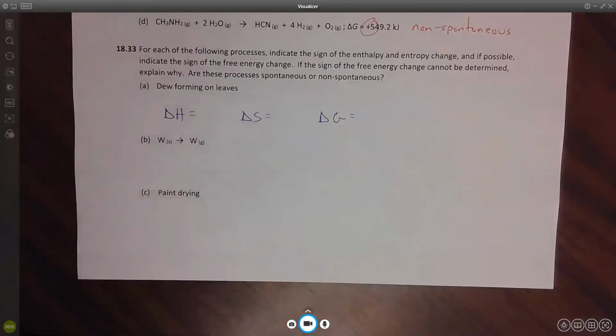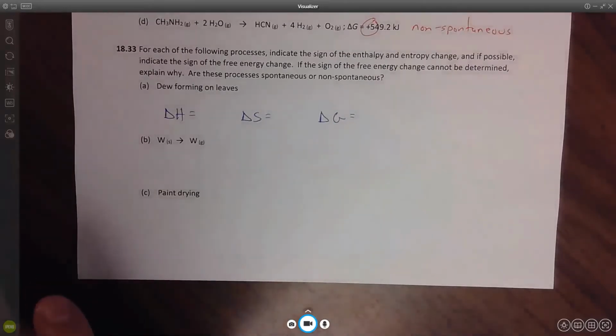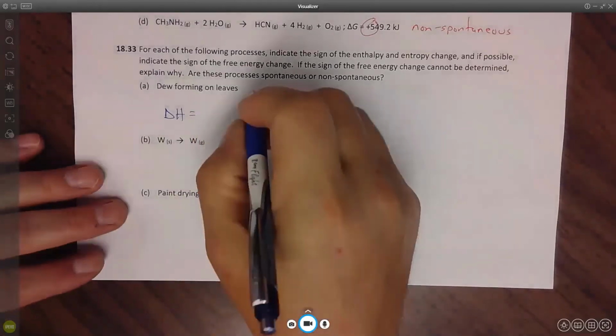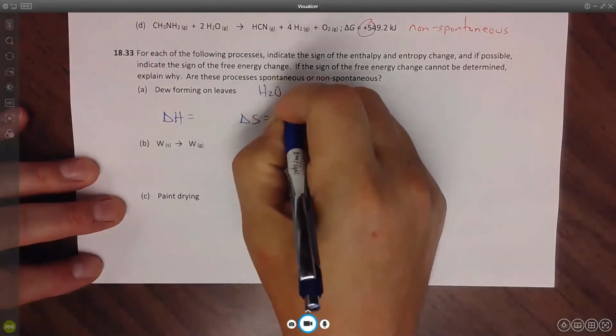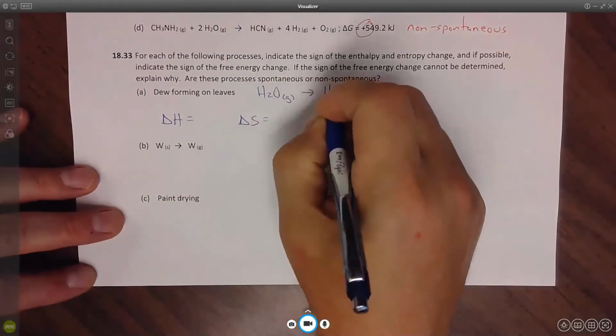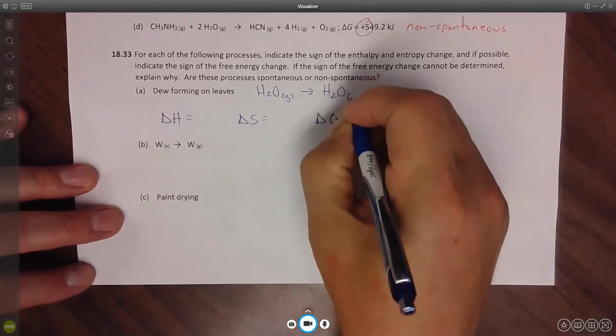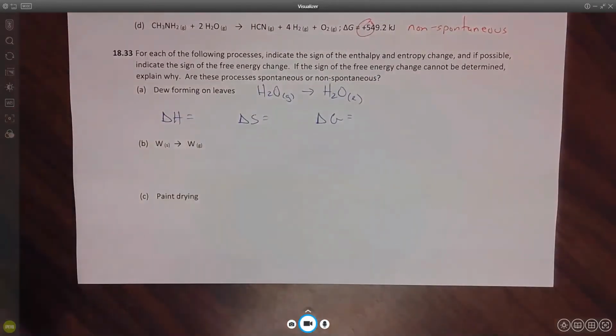What chemical equation would you give for dew forming on leaves? Water going from the gaseous state to the liquid state. Absolutely, right? So it's water vapor in the air condensing to liquid on, in this case, the leaves, right?